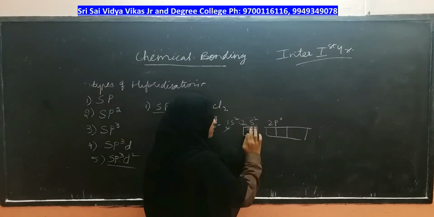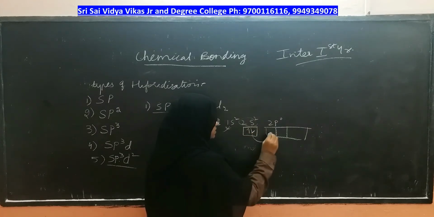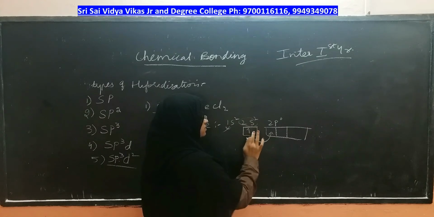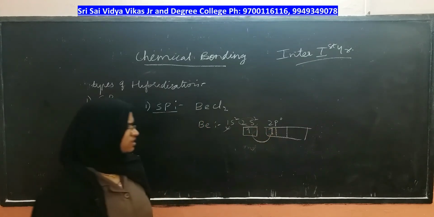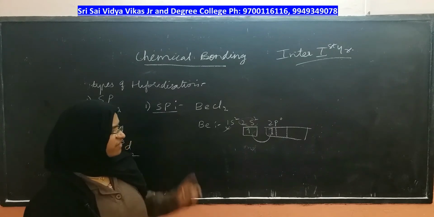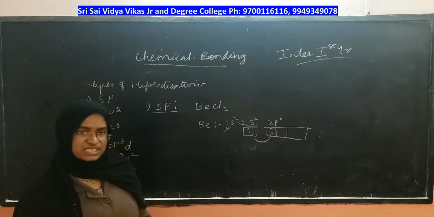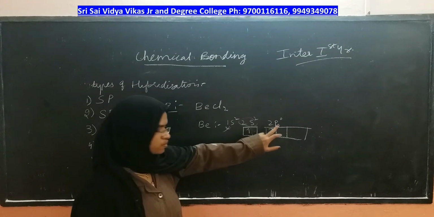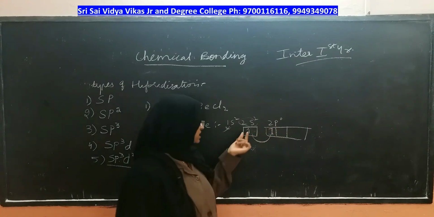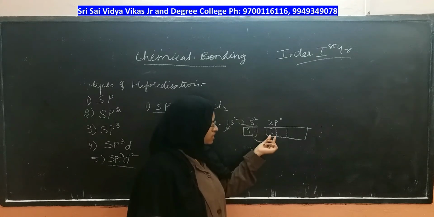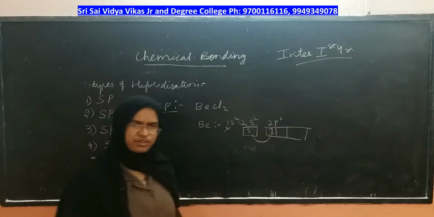From the pair of electrons, it will shift one electron here. So how many valence atomic orbitals does it have now? 1, 2. One valence orbital is s, another valence orbital is p. Are they different or not?